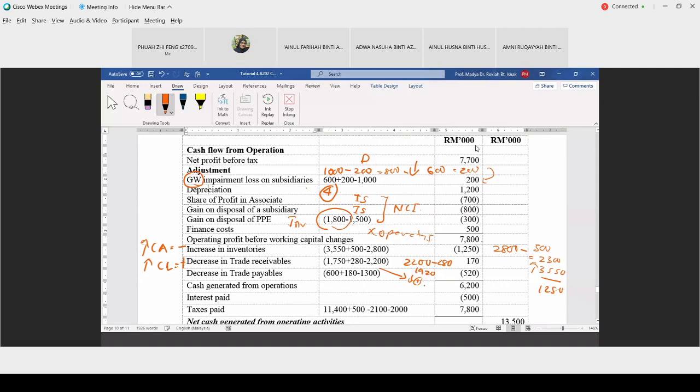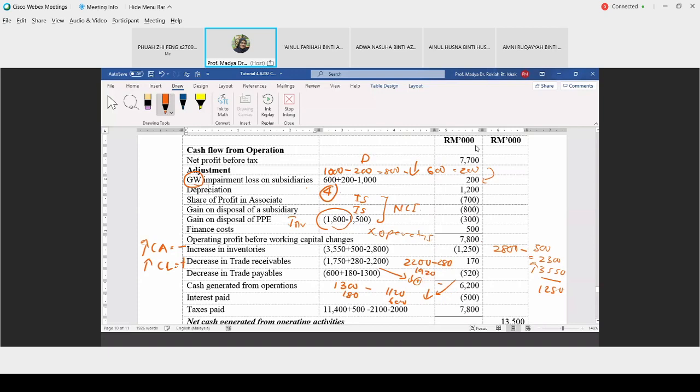You have deferred tax related with taxation, and then you only have trade payables. The beginning balance is 300, and then you minus the one that you dispose here, 180 minus 80, so you're going to have 1120. 1120 compared with 600, you're going to have a reduction of 520. A reduction means that you need to minus it because this is your liability.